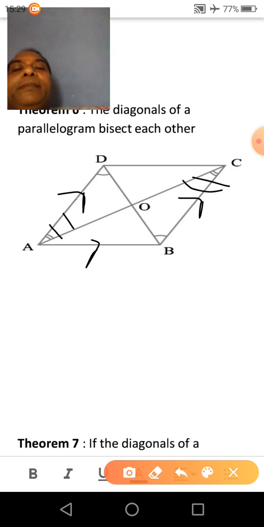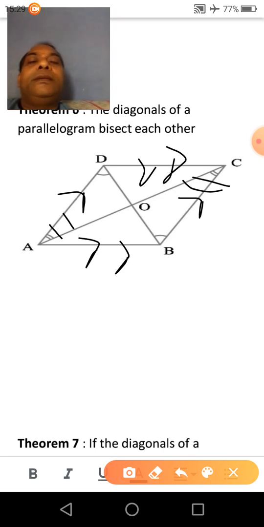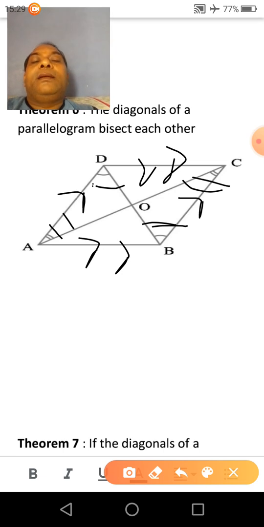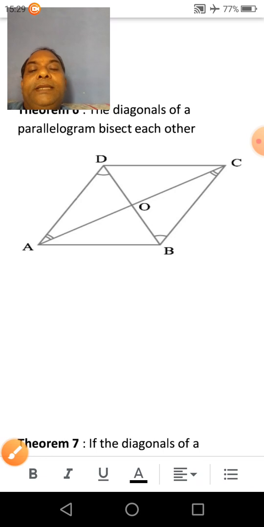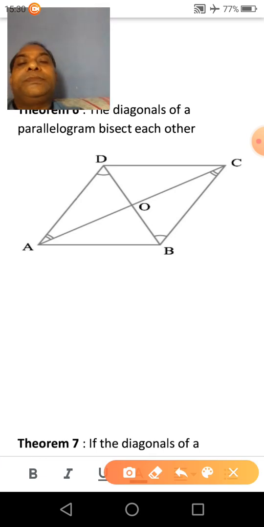Similarly, AB is parallel to CD, so BD will be its transversal and this angle will be equal to this one, alternate interior angles. Clear? So now see, this angle is equal to this one.